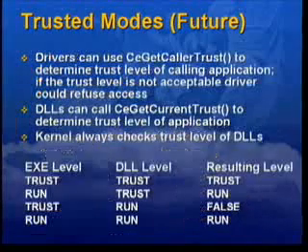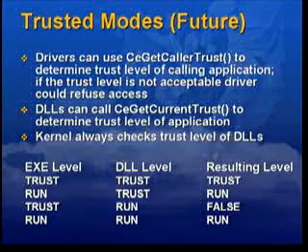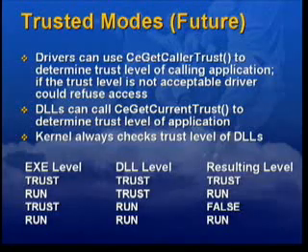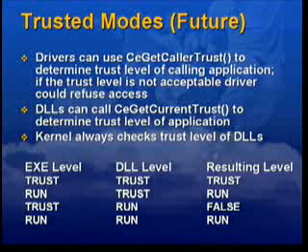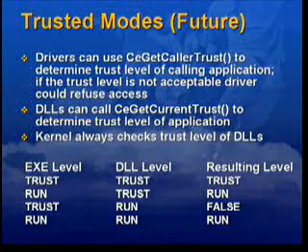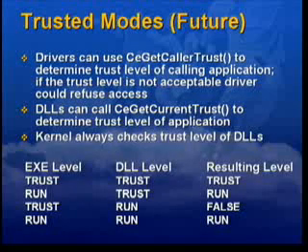We also have a couple of APIs that drivers can call to determine the trust level of the calling application. So if a particular driver does not want to allow applications to be used in run mode, then they cannot accept particular calls from those applications.